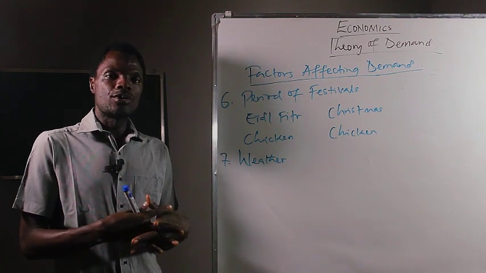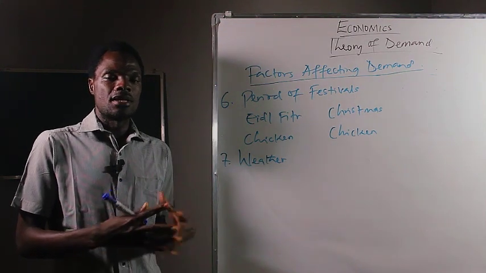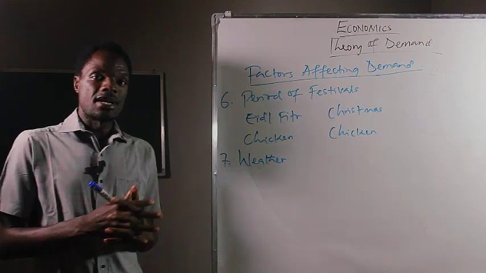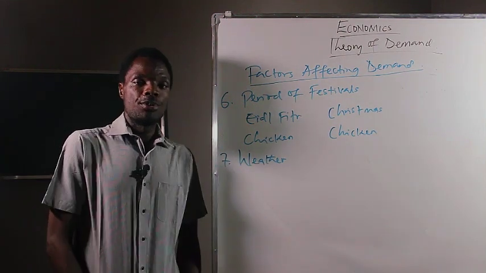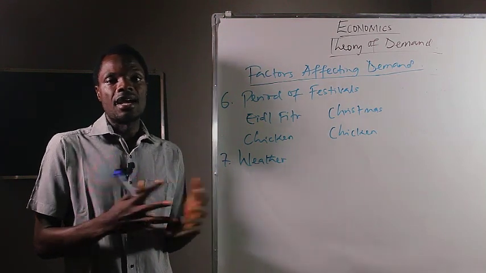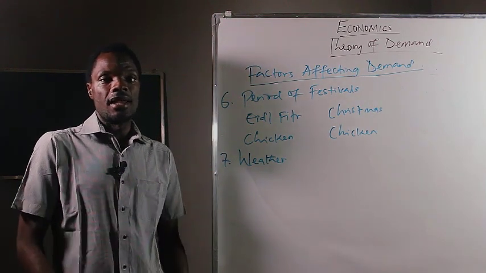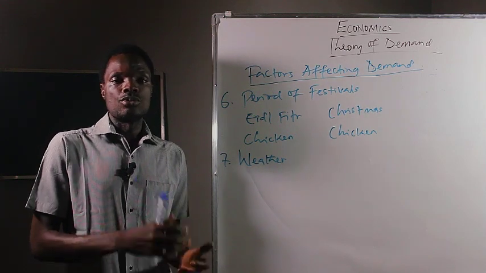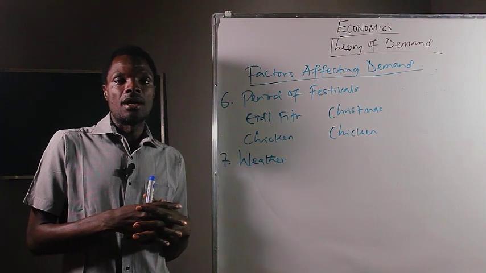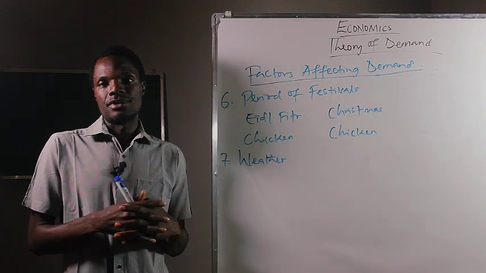Weather plays a great role in determining the demand for goods and services. For example, during winter or the cold season, people tend to buy thick clothes. And during Harmattan, people tend to buy light clothes. So weather has, as I said, influence on the demand for goods and services.